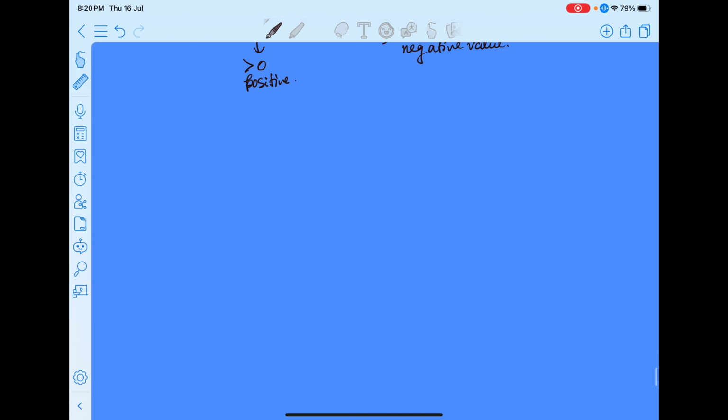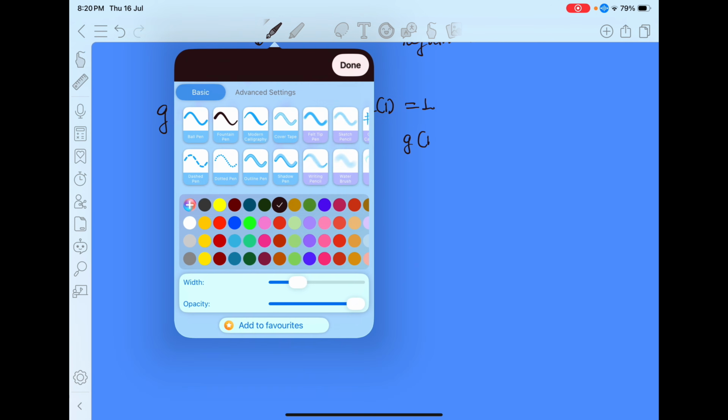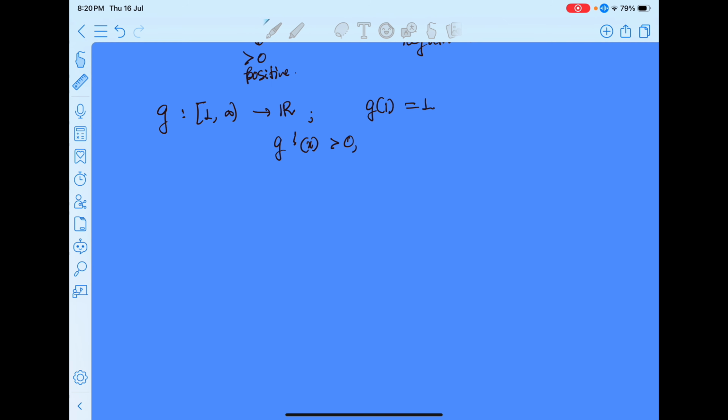Yeah, so if you want I can prove it. So let us assume g is a function from 1 comma infinity to R. g(1) is 1, and g prime of x is strictly greater than 0, and g(1) is 1, that I wrote before. g(1) is 1 and g is bounded.